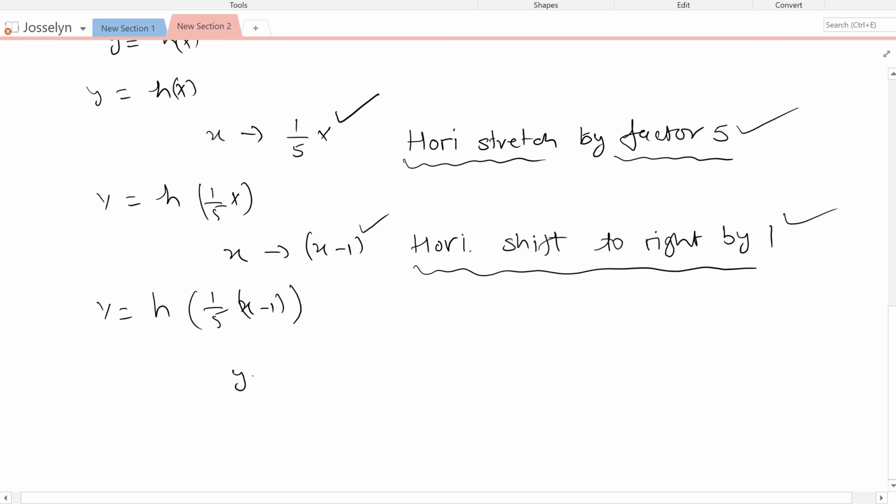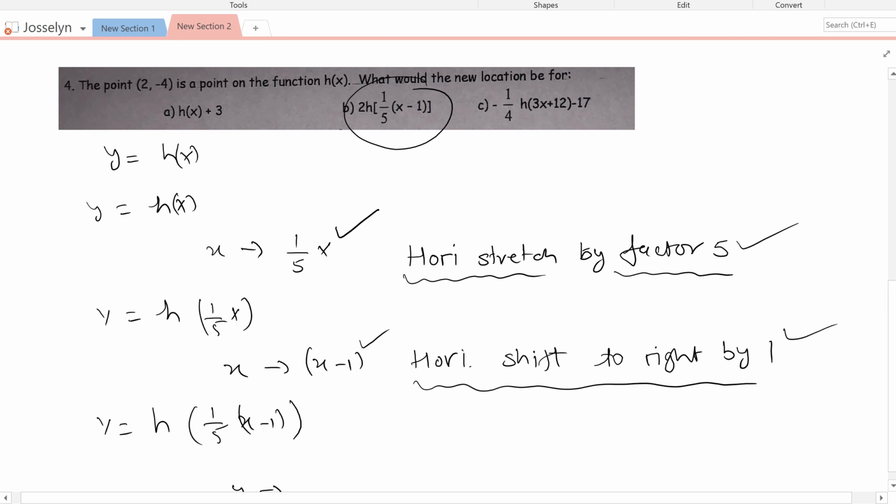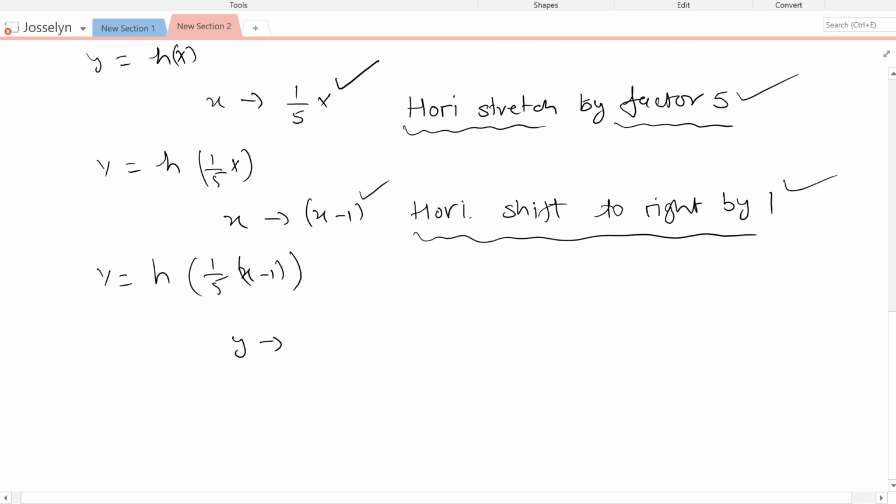Next transformation is y changing to 2y. My y value is this whole thing, so I multiply my y by 2. My new y is going to be 2 times h of that.